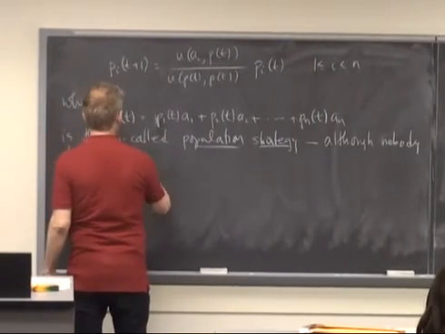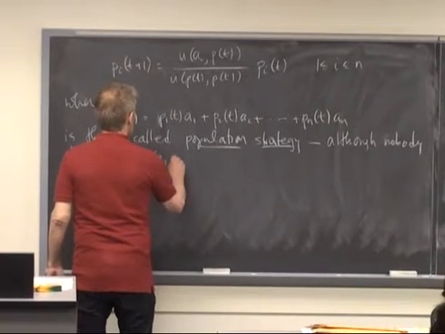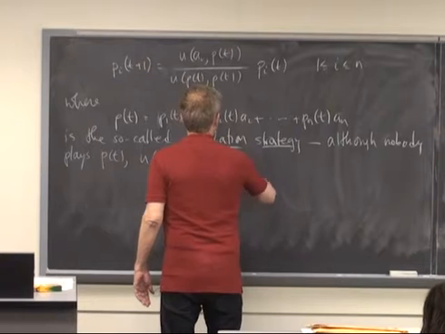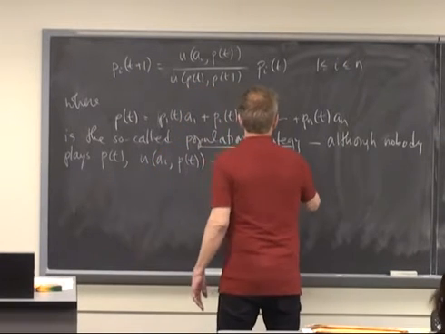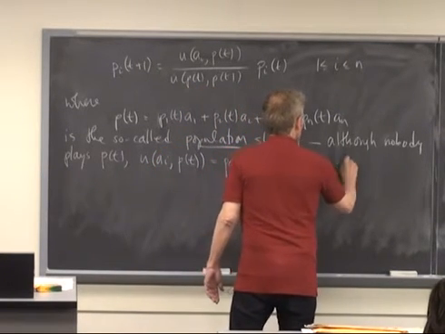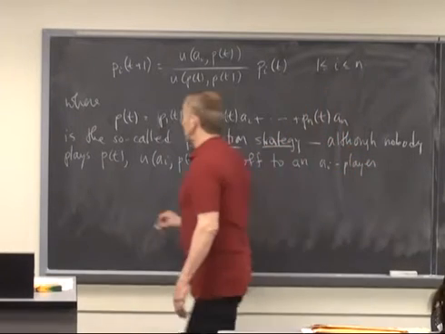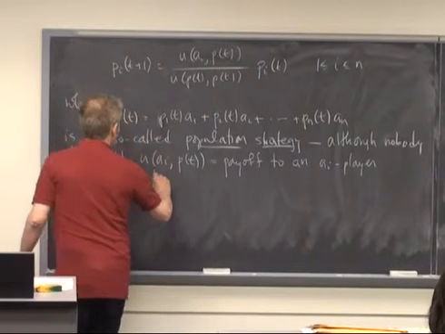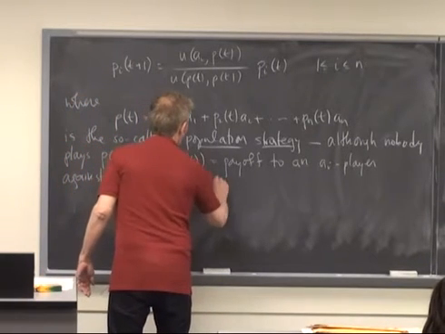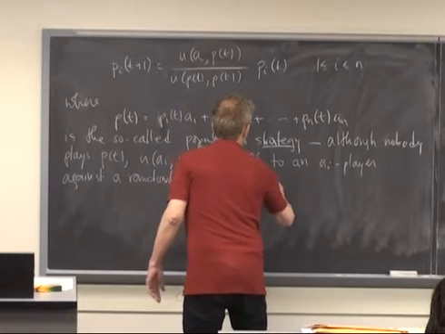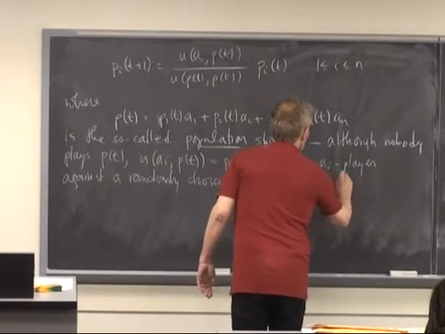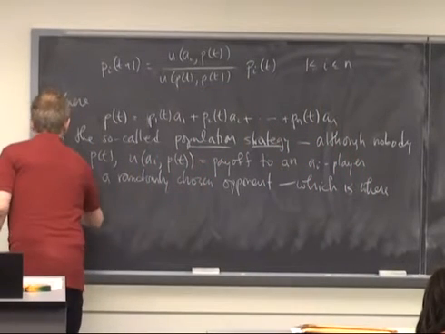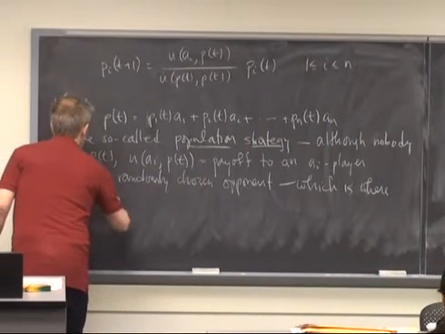So although nobody plays P of t, U of a sub i, P of t is the payoff to an A_i player against a randomly chosen opponent, which is where the payoff proportional cloning argument comes from that I talked about last time.